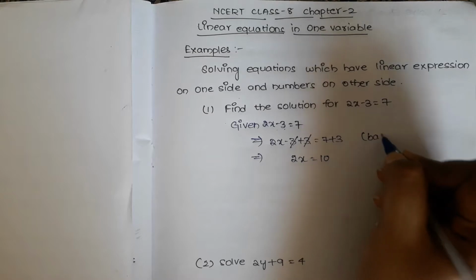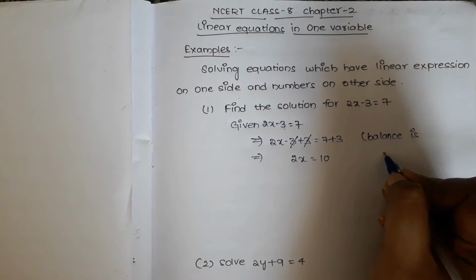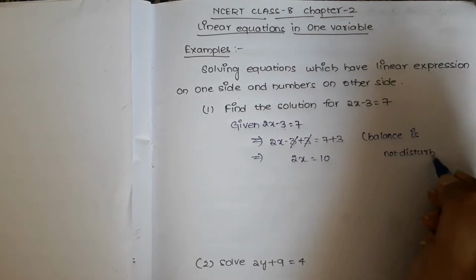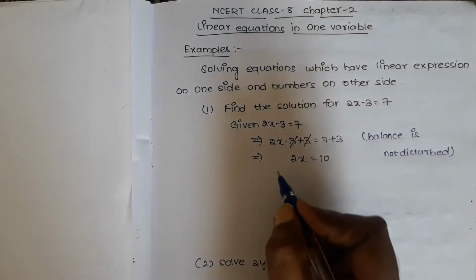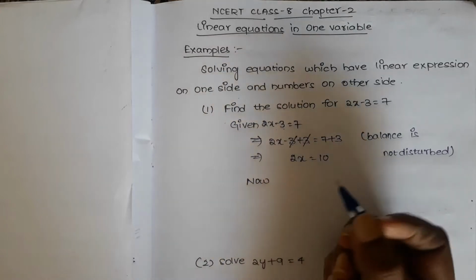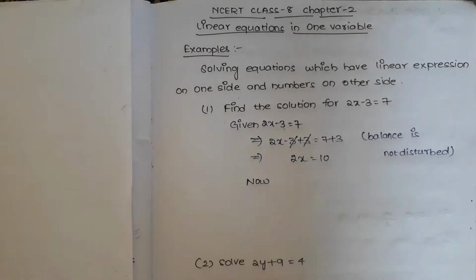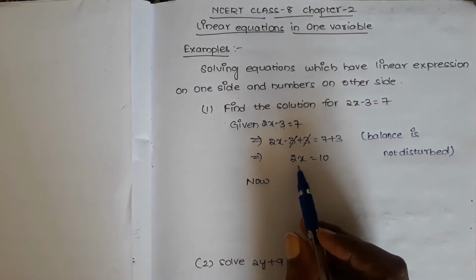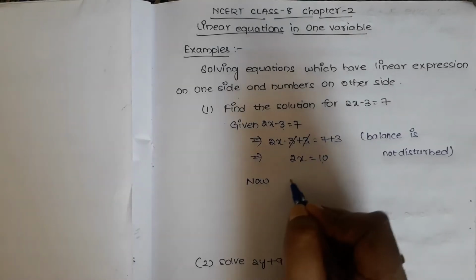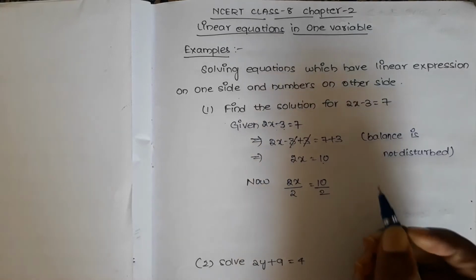Now the balance is not disturbed. Now both the LHS and RHS should be divided by 2, that is 2x by 2 equals 10 by 2.